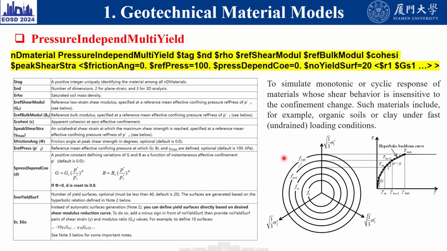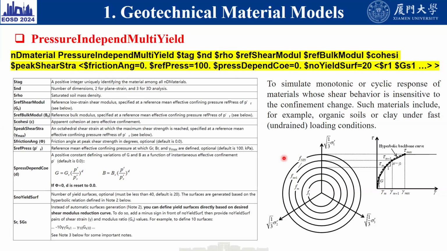This means the shear strength of this material has nothing to do with the confinement change. This includes, for example, organic soil or clay under fast or undrained loading conditions. Basically, this model is for clay under fast loading. There's no water, and we don't care about the confinement change.